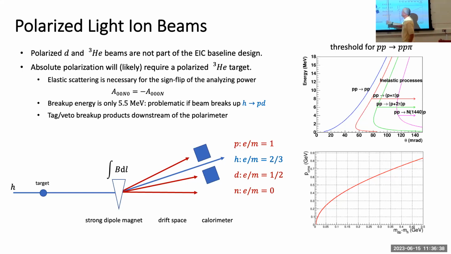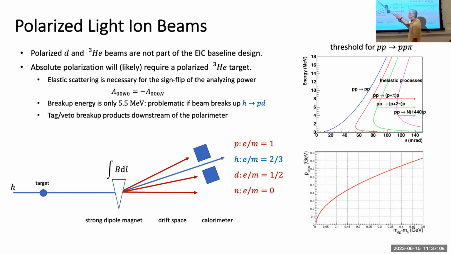But just talking about the light ion beams, even for helions, it's not so straightforward because number one, what you ideally want to do to measure the absolute beam polarization is use this elastic scattering, which should be time invariant, right? So we want to make use of this fact that the beam asymmetry and the target asymmetry are the same, which means that we would need to use a polarized helium-3 target.